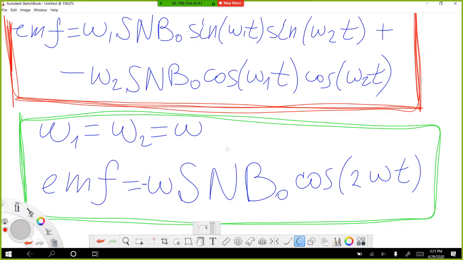Your electromotive force will be minus omega S B0 cosine 2 omega t.